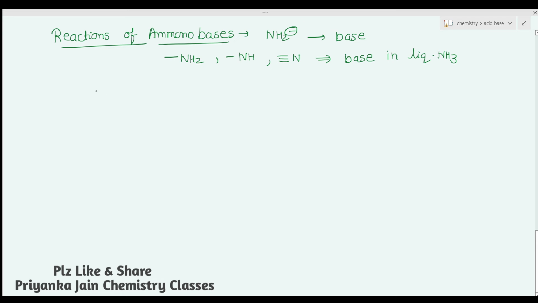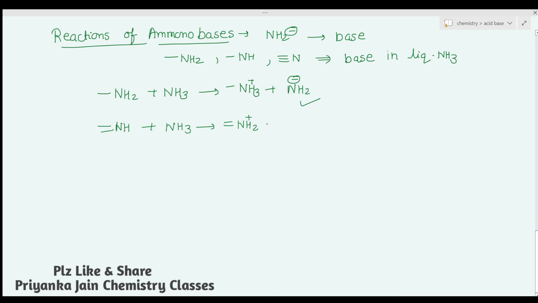For example, if you are taking NH2− and treating it with NH3, then it is forming NH3 plus NH2−. Now you can see here we are getting NH2−, so it is acting as the base. Similarly, if you are taking imide and treating it with ammonia, then it is forming NH2+ and NH2−.